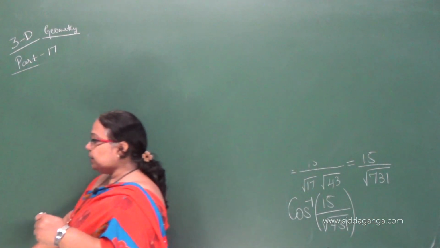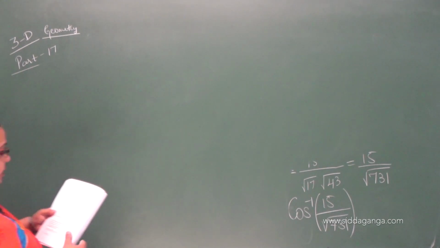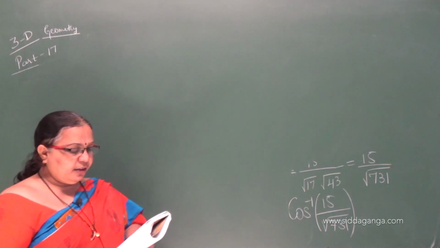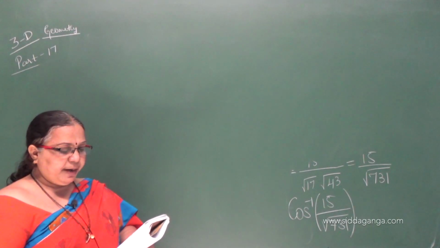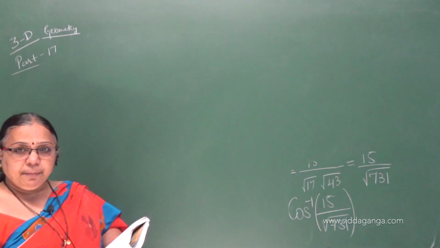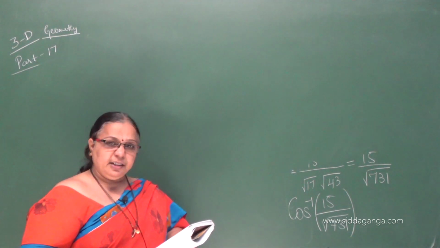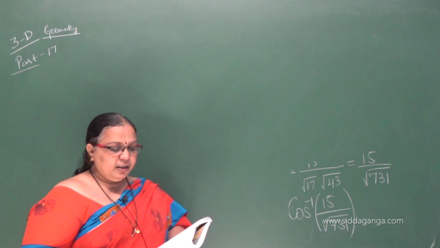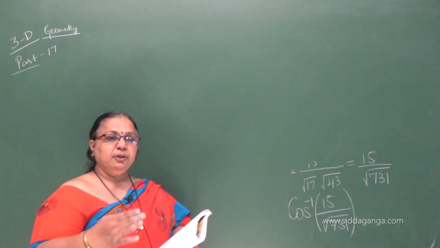In the same exercise, I think questions 12 and 13, look at them. In the following cases we have to determine whether the given planes are parallel or perpendicular, and if they are neither parallel nor perpendicular, we get the angle from cos theta.